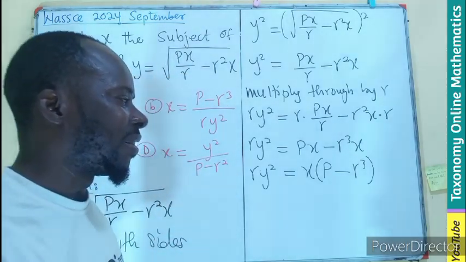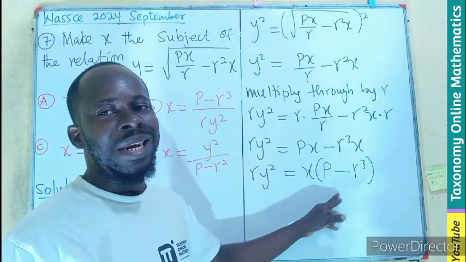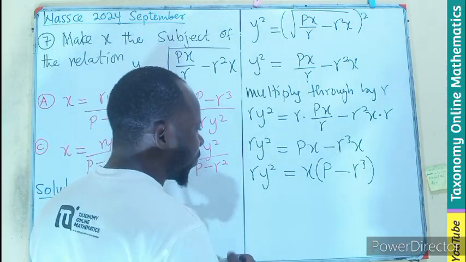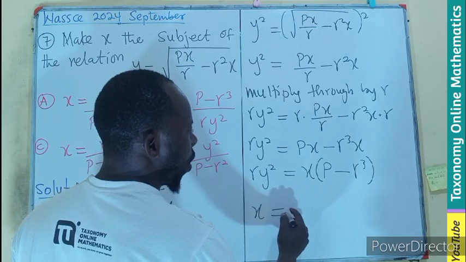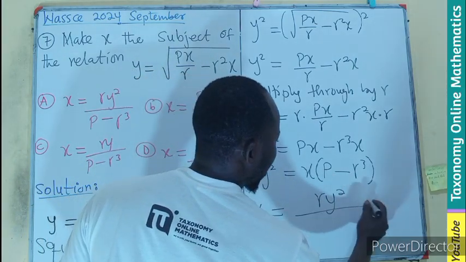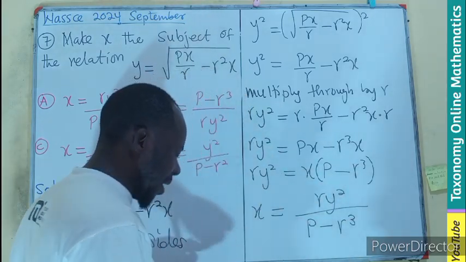So now your x is alone, multiplying this factor. So we divide both sides by that, and that will make x equal to ry squared divided by p minus r to the power 3.